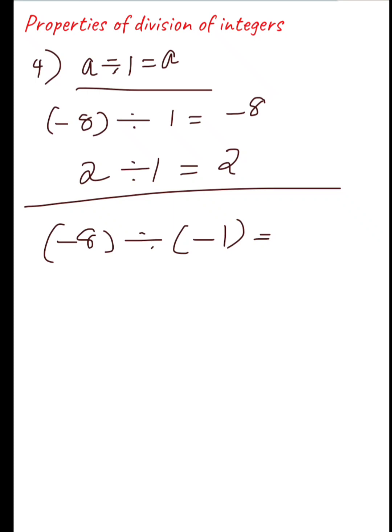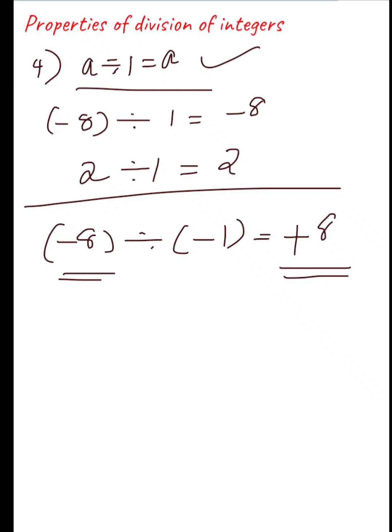You know that when you are dividing two negative integers, you divide them as whole numbers and put the positive sign. That is 8 divided by 1 is 8, so the answer is plus 8 here. But we have taken minus 8 here. So if you are dividing by minus 1, you will not get the same number itself. The answer changes. This is the case for only 1 but not for minus 1.